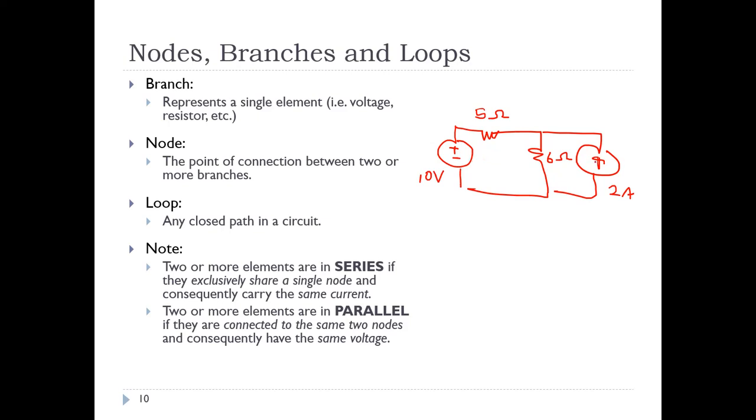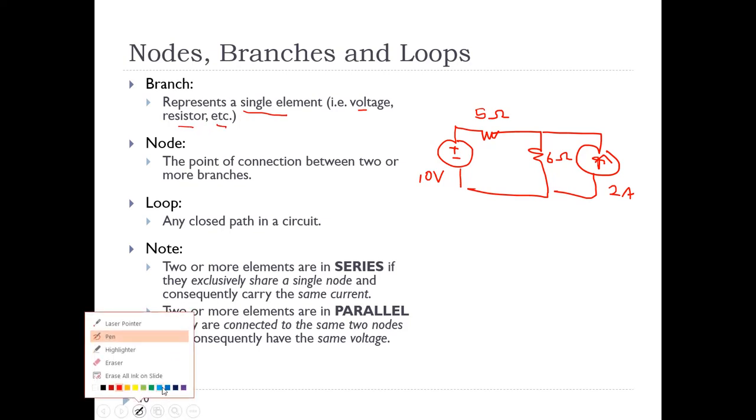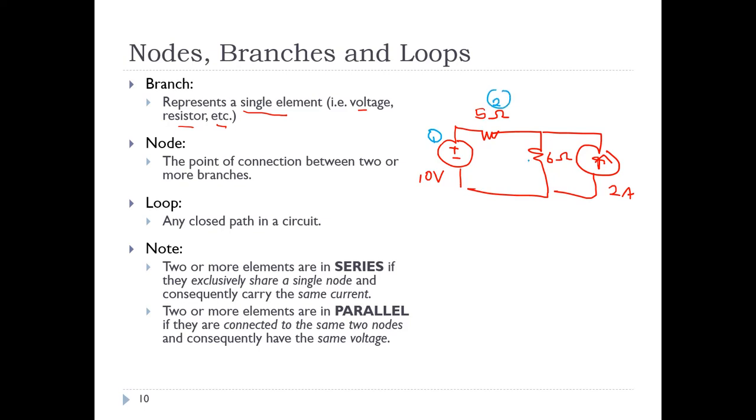This is a current source. For the case of branch, it represents a single element, for example, voltage source, resistor, and so on. So in this example, you have 1 branch, 2 branch, 3 branch, and 4 branch, or 4 elements.